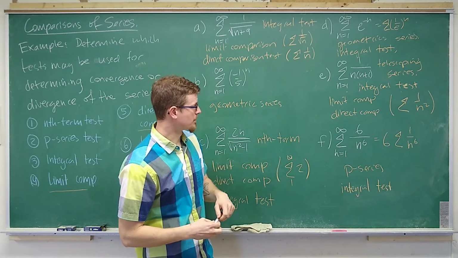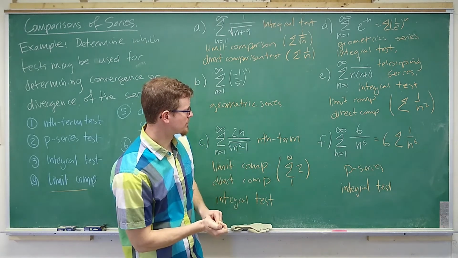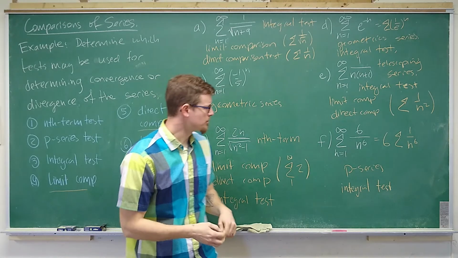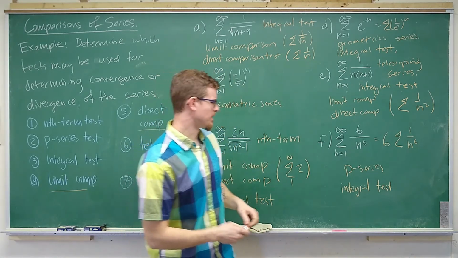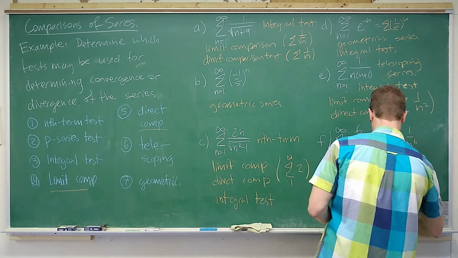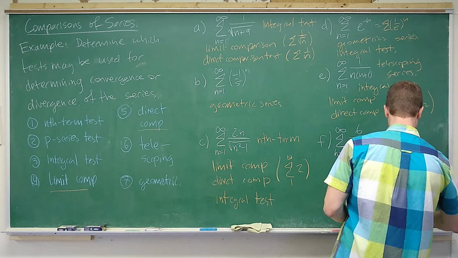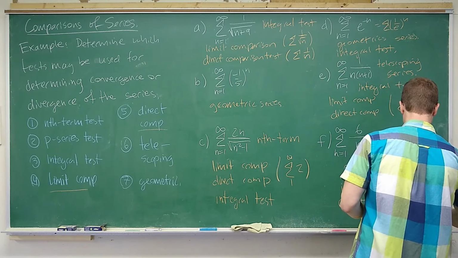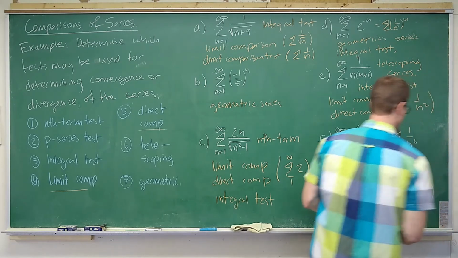Actually, I don't know that I would encourage a direct comparison. Well, you could probably use a direct comparison with the sum of 1 over n to the 5th.